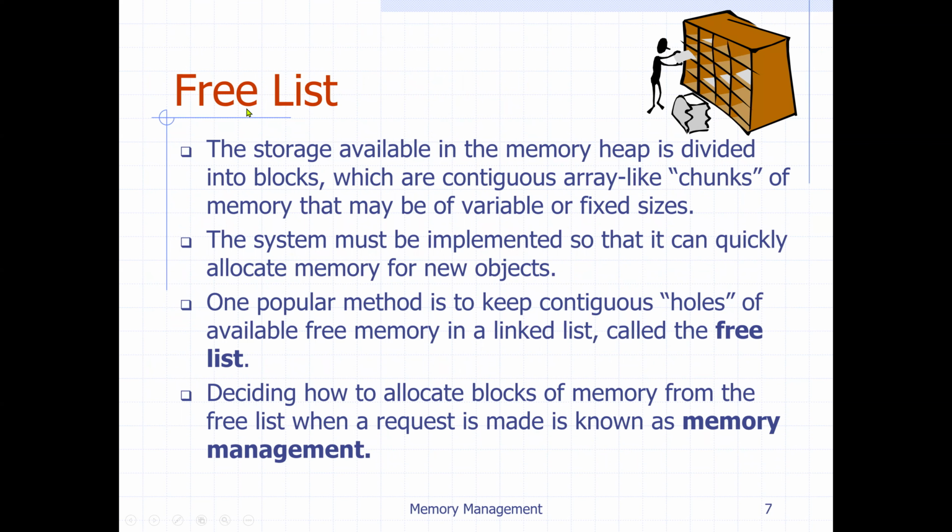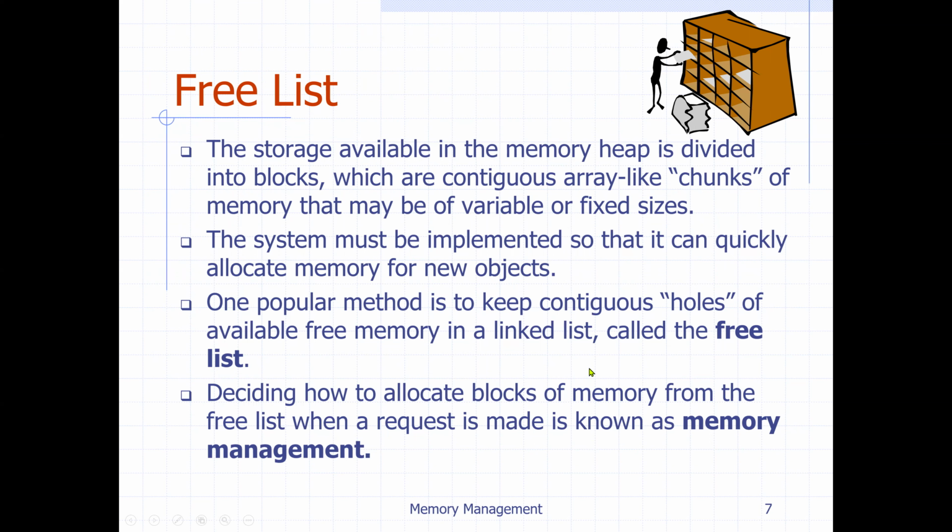Next, we talk about what a free list is. The storage available in the memory heap is normally divided into blocks, which are contiguous array-like chunks of memory that may be of variable or fixed size. The system must be implemented so that it can quickly allocate memory for new objects, and one popular method is to keep the available free memory in a linked list.